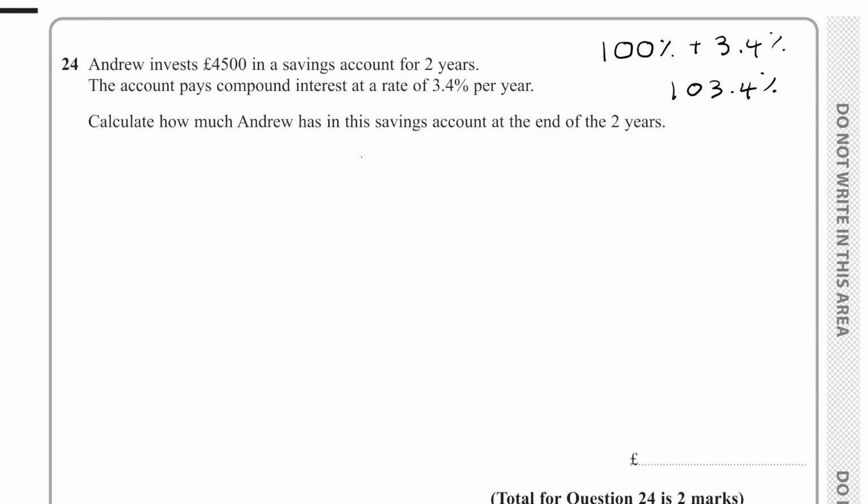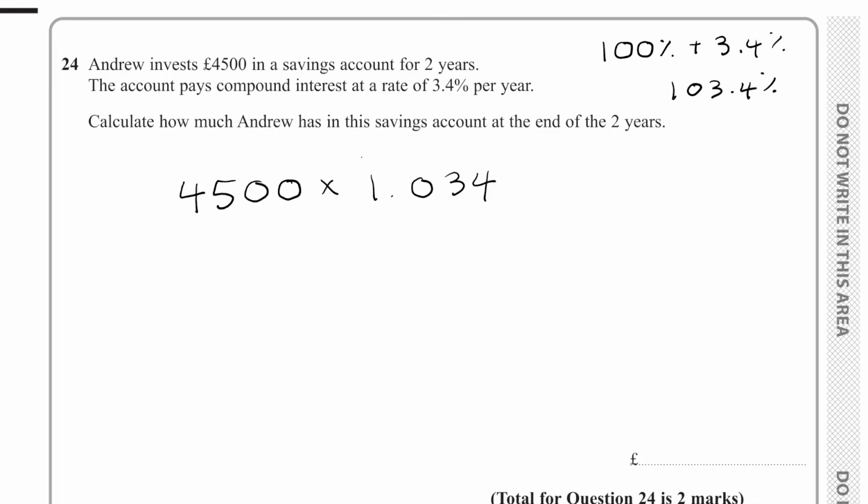So to do that in one calculation, we're going to take our original amount, and times it by our percent, but I'm going to write it as a decimal, so 1.034. So to add on 3.4% in one calculation, I'm timesing by 1.034, and I'm going to do it twice for 2 years.